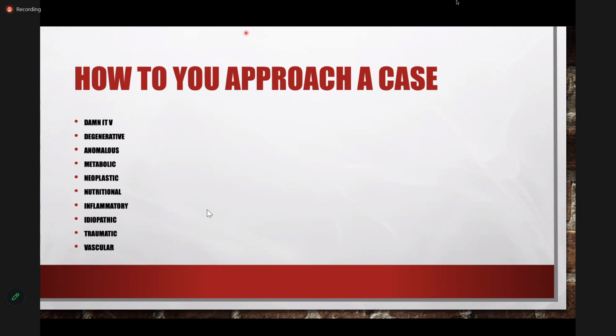Neoplastic. That's common in cats. There's a lot of cancer that can affect cats. Nutritional. What's in the food that can cause the cat to drink a lot of water?